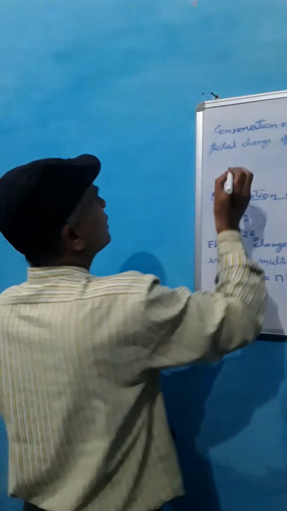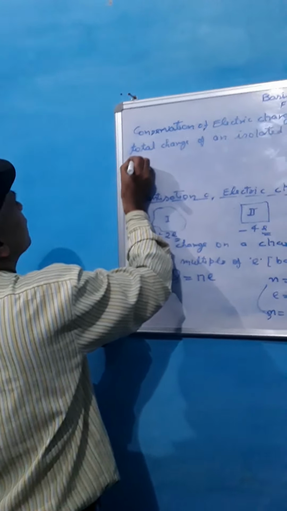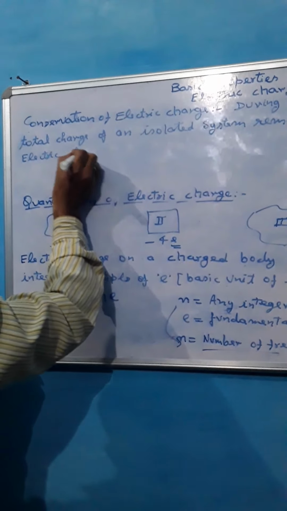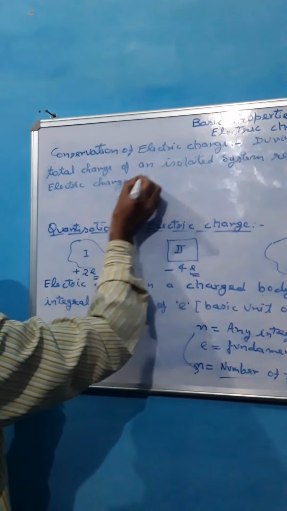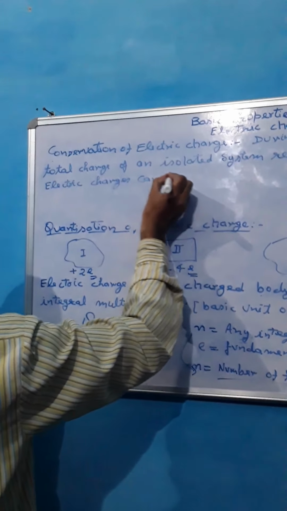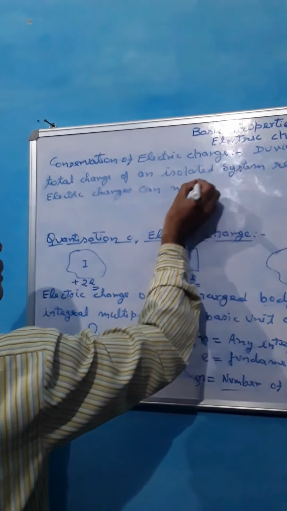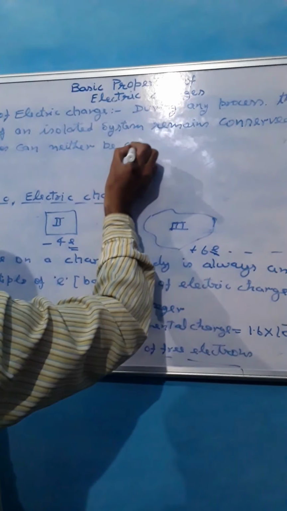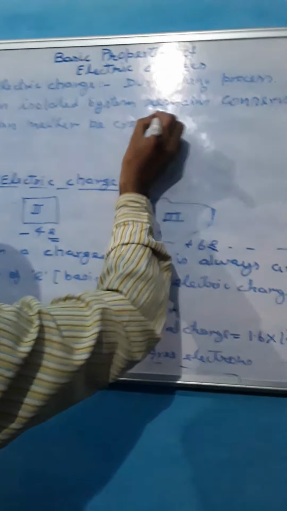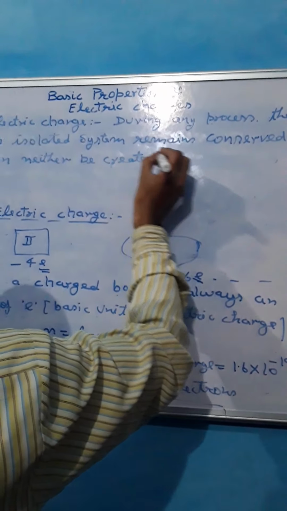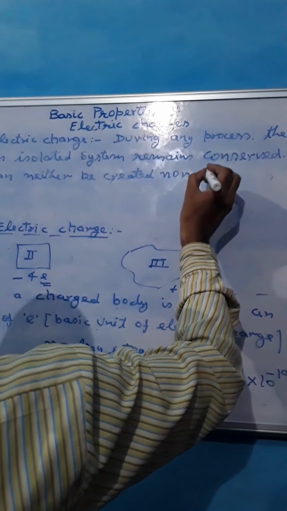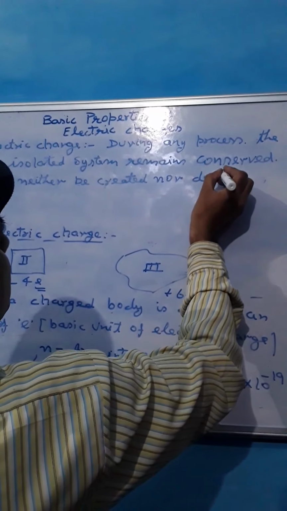We can explain it in another way, or in other words, you can say electric charge can neither be created nor be destroyed.